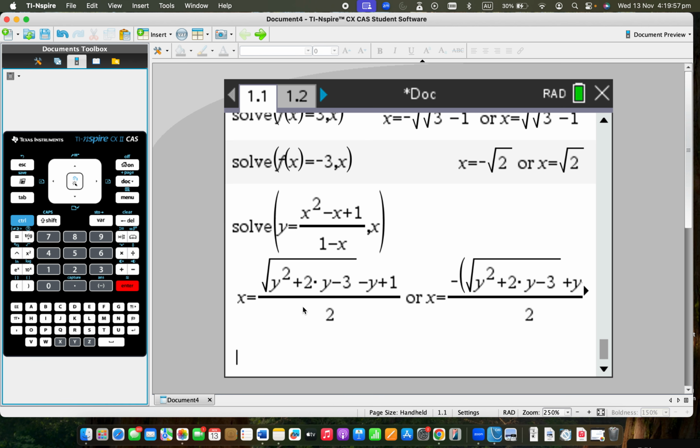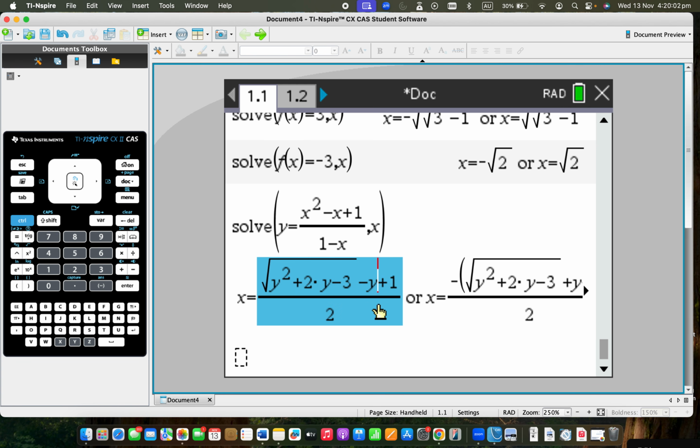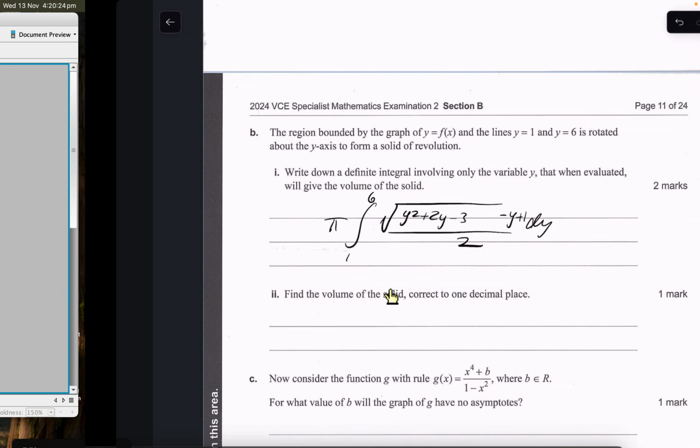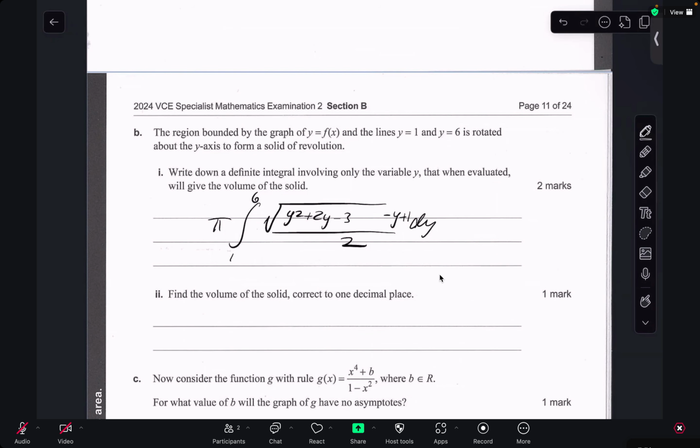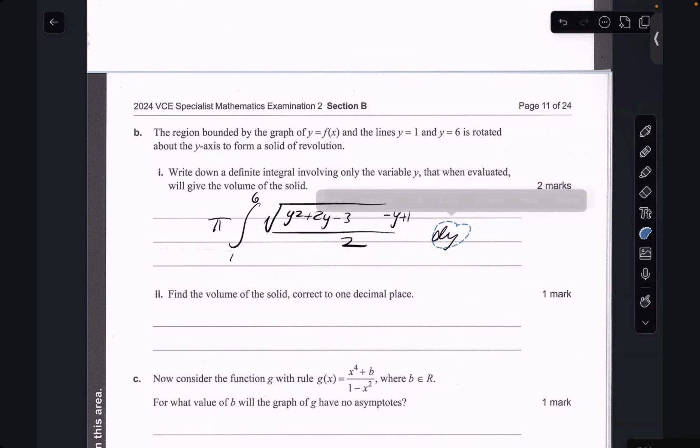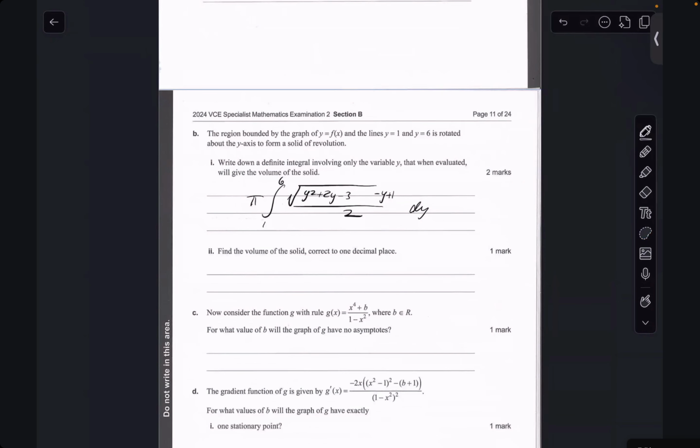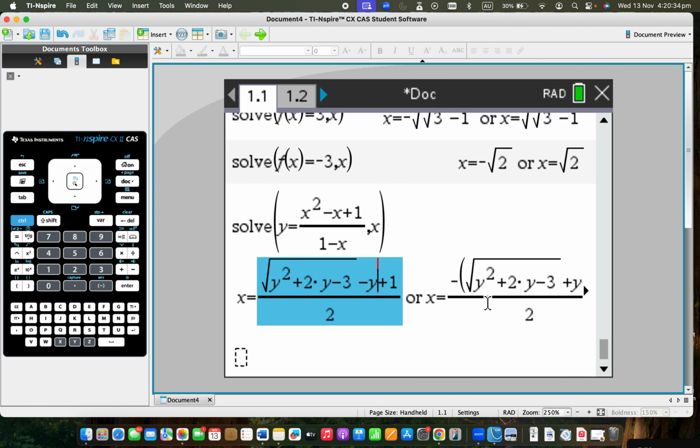So you just have to give one of them, and it'll be this one, which is square root of y squared plus 2y minus 3 minus y plus 1 all over 2 dy, I think. Yeah. Okay.